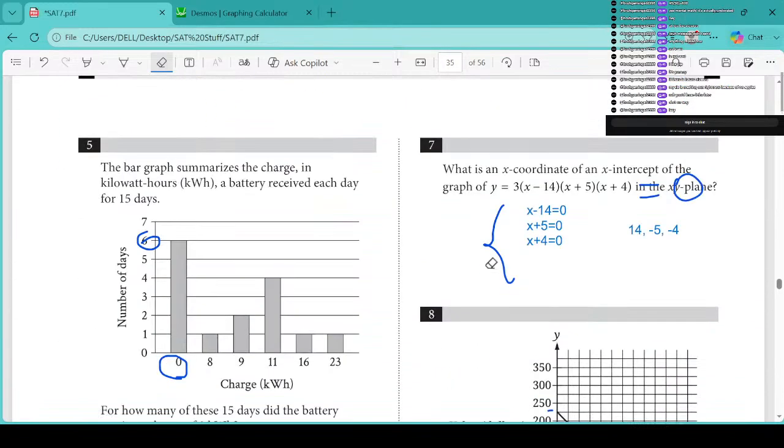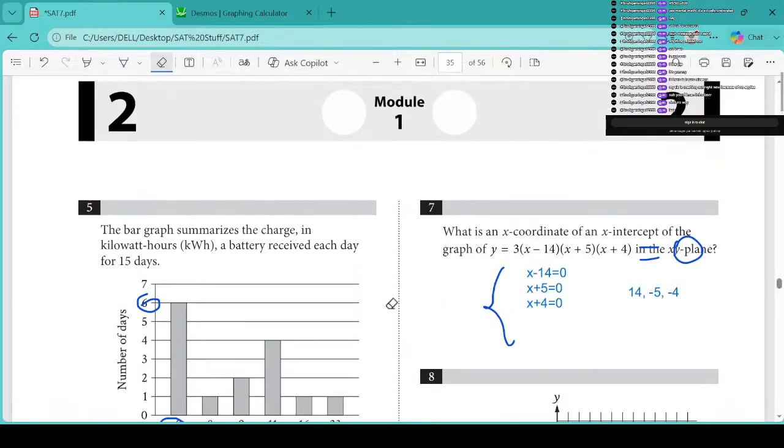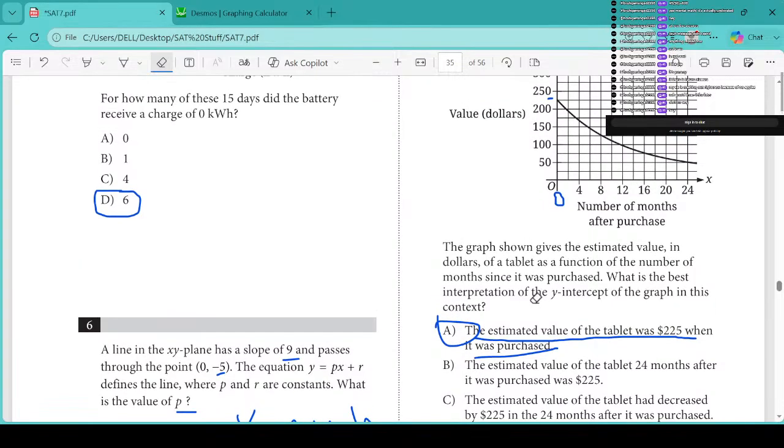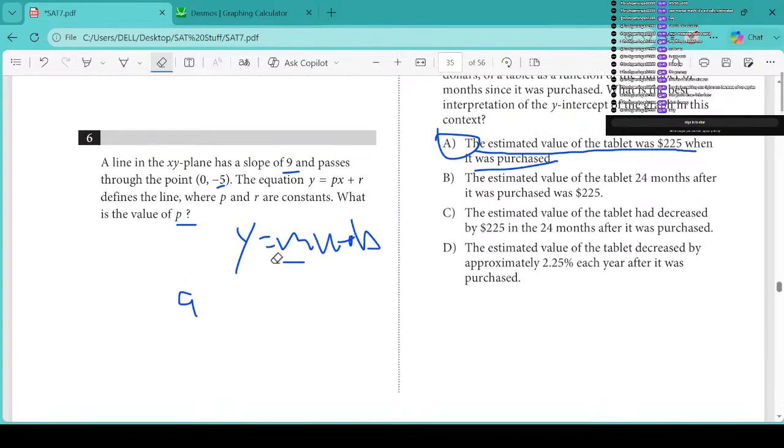Super simple stuff. Reading a graph again. Basic algebra. Reading another graph. And yeah, I kind of skipped over this question. Basically, y equals px plus r is basically just y equals mx plus b. The value of p is 9 because the slope is 9.